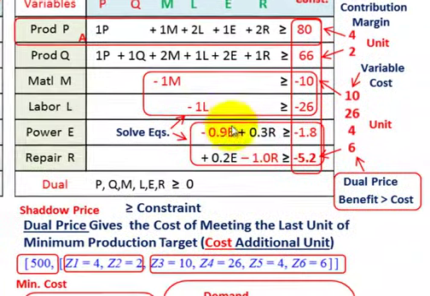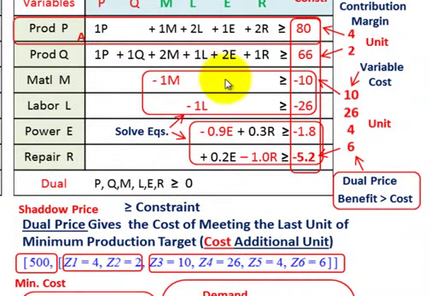Now let's work off our minimization problem and understand what's going on. With these greater than or equal constraints, you're looking for a shadow price or dual price, and that gives the cost of meeting the last unit of the minimum production target. We use that minimization problem to determine our production target.